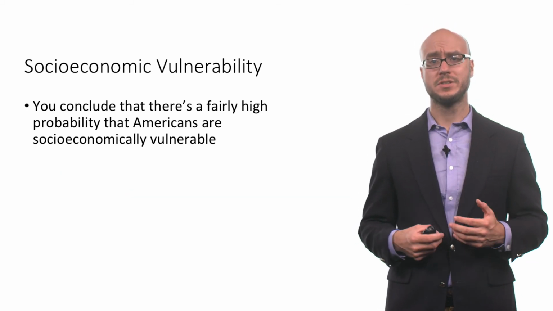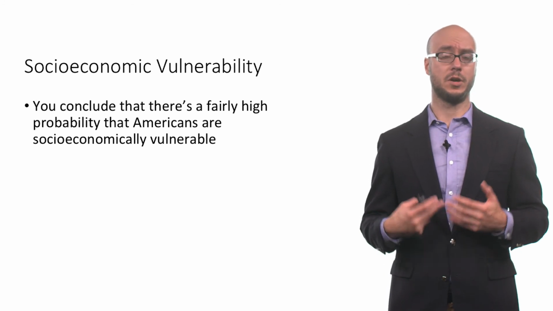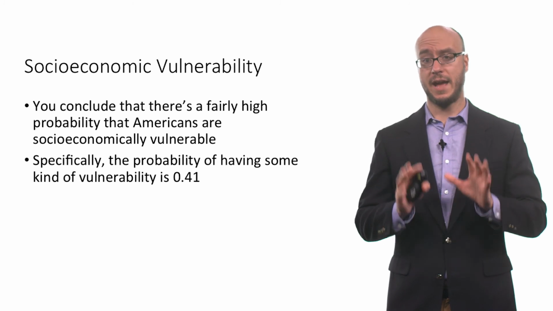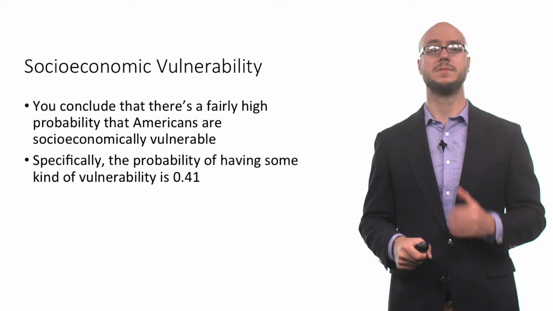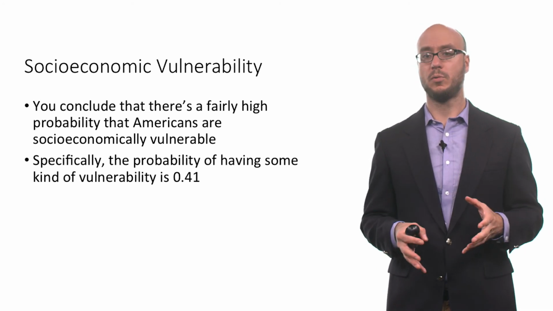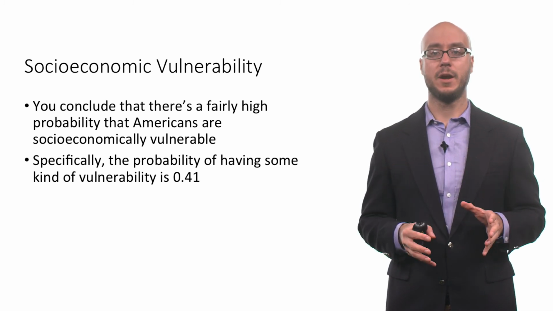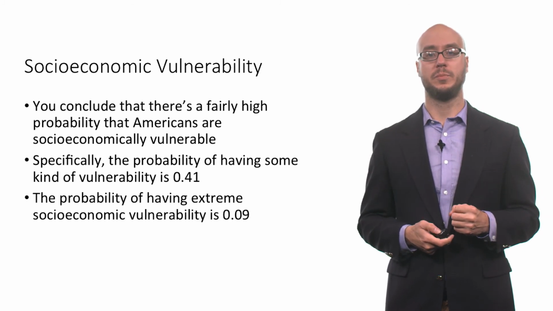So our conclusions: it's actually quite probable that Americans are socioeconomically vulnerable based on this set of data. In fact, we can say that the probability of having some kind of vulnerability, defined in terms of having no health insurance or being economically poor, is 0.41. So about 4 out of every 10 Americans are going to experience some kind of vulnerability.